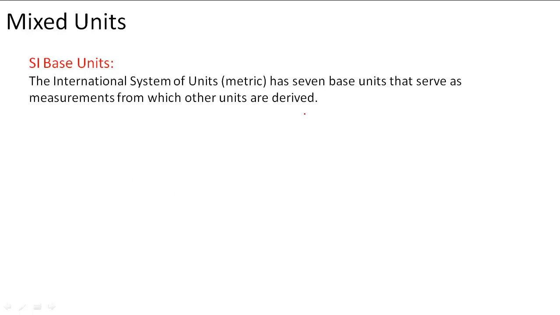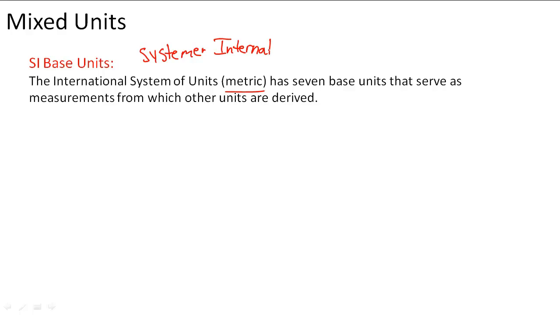So mixed units. The SI base units, the ones for the metric system, the international system of units, that's why we call it SI base units. You might notice that it says SI instead of IS, but it comes from the French système international.